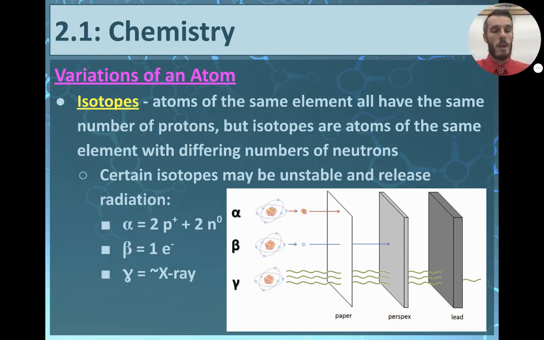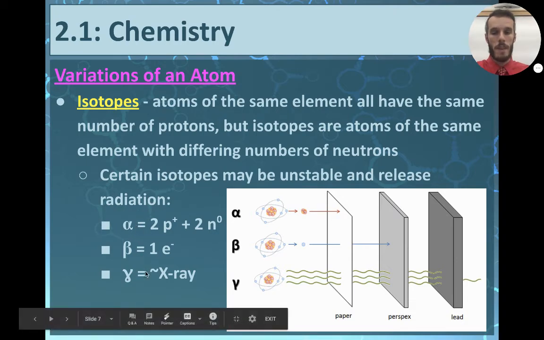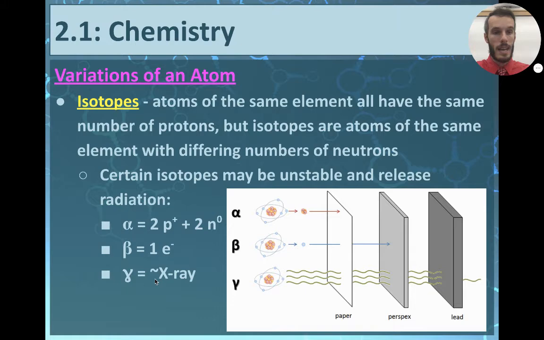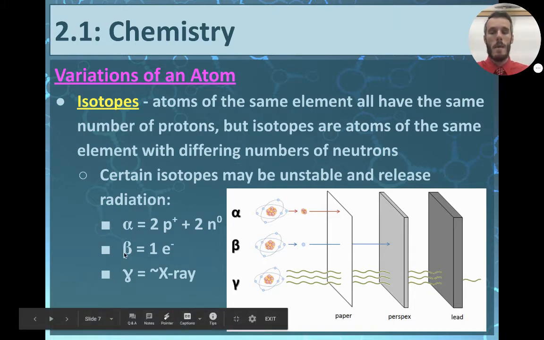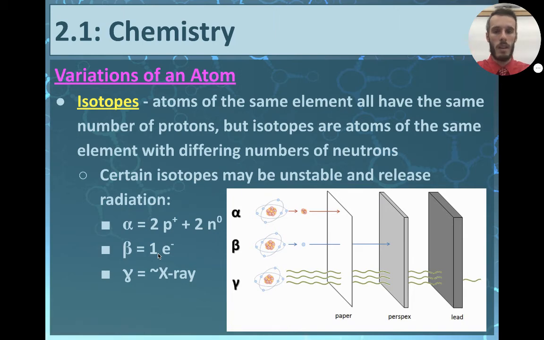Certain radioactive isotopes can release radiation in the form of three different things. Gamma radiation would be like a gamma ray or an X-ray. Beta radiation is equal to one high energy electron.